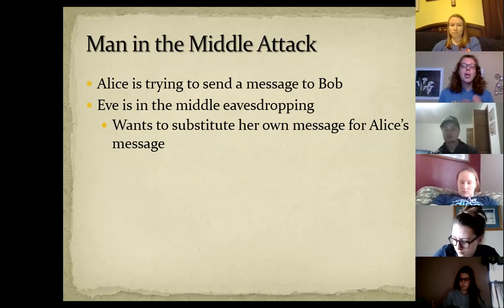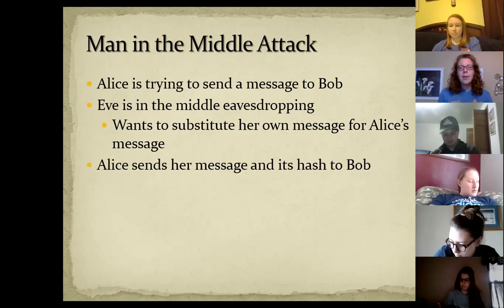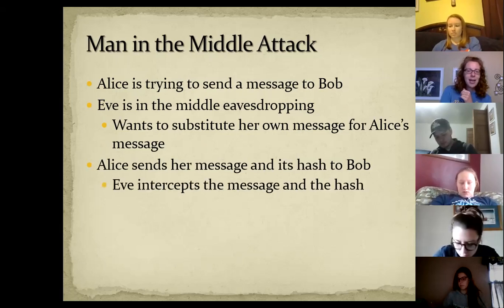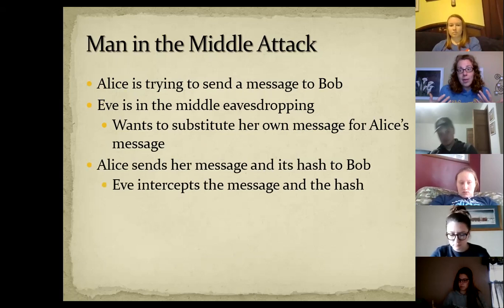The goal that we're going to focus on today in particular is that she wants to substitute her own message for Alice's message. So she's not trying to corrupt Alice's message. She's kind of trying to impersonate Alice. That's basically what's going on here. What she can do is, okay, Alice and Bob are using a hash function. So Alice is going to send her message and her hash to Bob, except she's not, because Eve is eavesdropping in the middle.